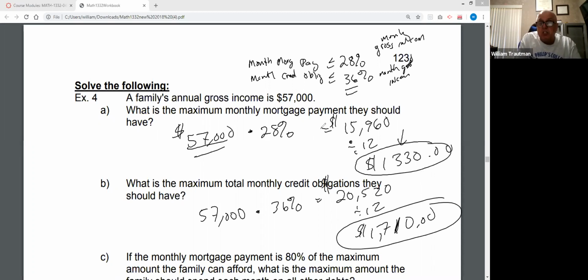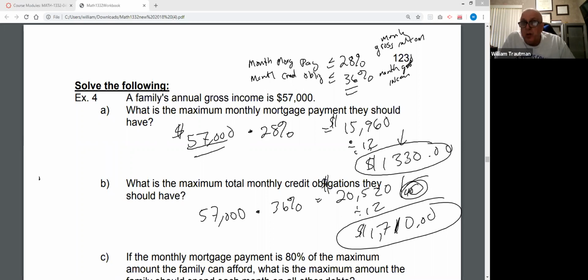In other words, do you see the difference? It's somewhere around $400. That means your house payment is $1,300, so you can have another $400 max on car payments and other loans, like loans on your furniture.